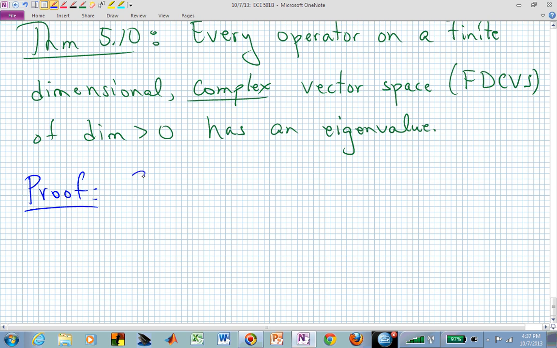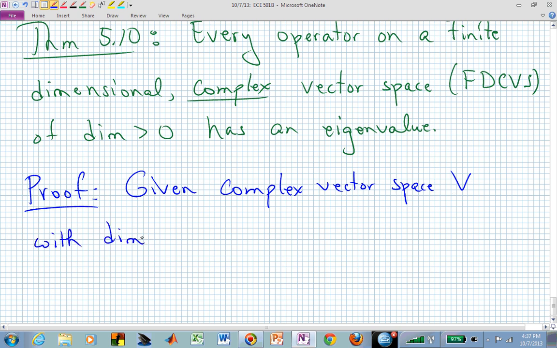So now first we need to be assuming that we have this complex vector space. Given a complex vector space, let's call it V, and let's just assume that the dimension of that complex vector space is n, and we're assuming that n is bigger than 0.